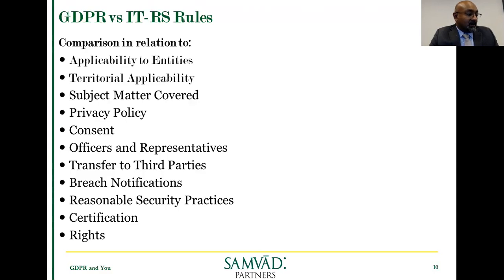So then continuing onward from there, certain special categories of information, equivalent to our SPI under the ITRS rules, are expressly prohibited from being processed except under certain specific conditions, such as explicit consent of the data provider.